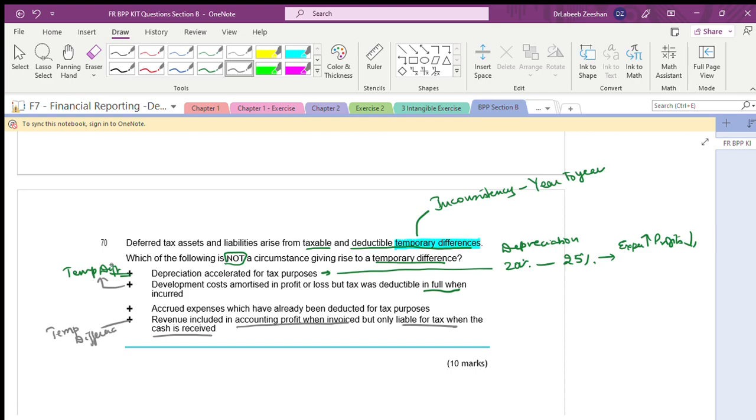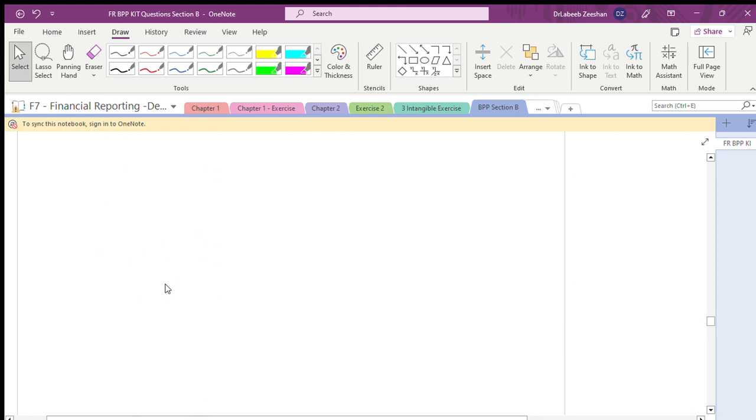What is not a source of temporary difference? Accrued expenses which have already been deducted for tax purpose. The answer is this one. Okay, this is very clear.